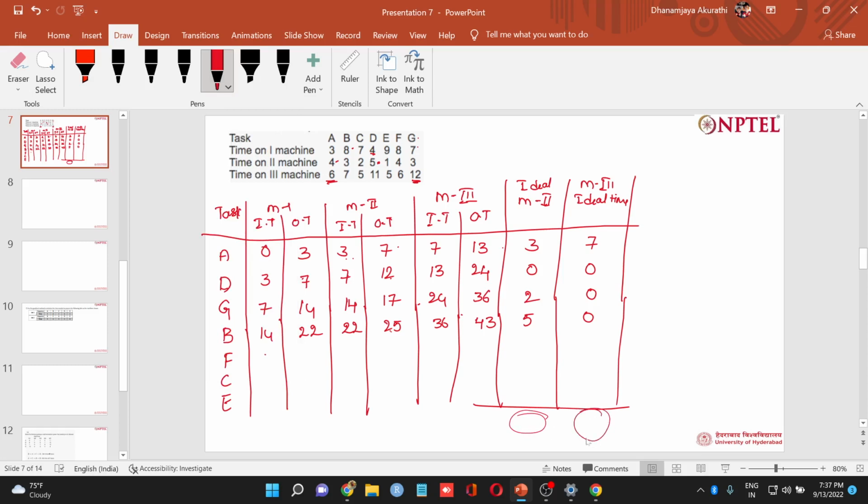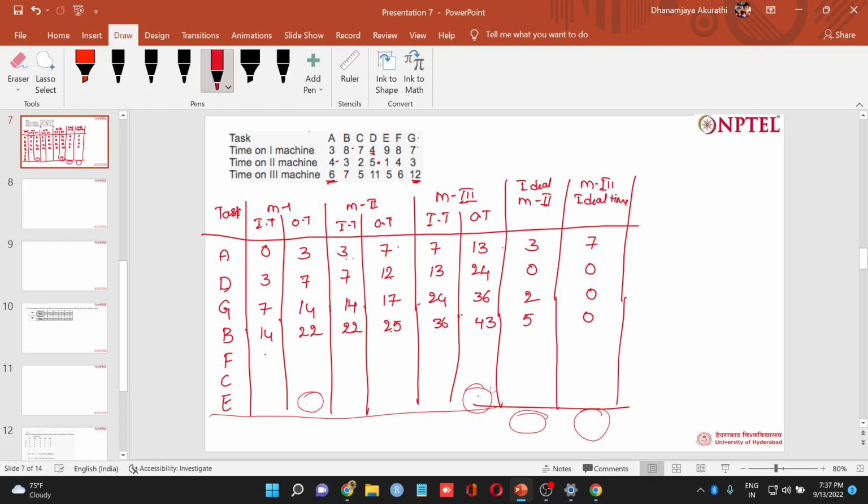And machine 3's idle time is the sum of this column. And machine 1's idle time is the difference: for the last job we take the out time of machine 3 minus the processing time of machine 1, and that would be the idle time for machine 1.